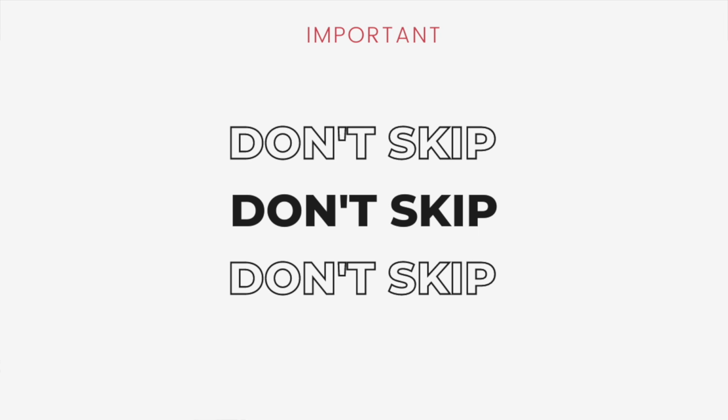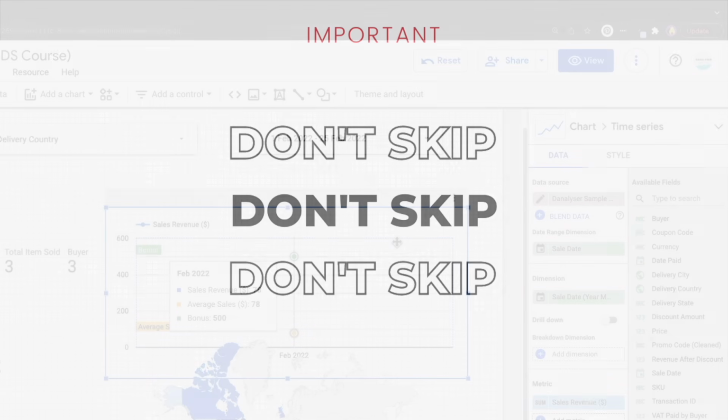But before we call it a day, I want to mention a very important concept for the report date range, which I don't find many tutorials that talk about this on YouTube. So this is very crucial to understand if you have more than one date range in your data set.